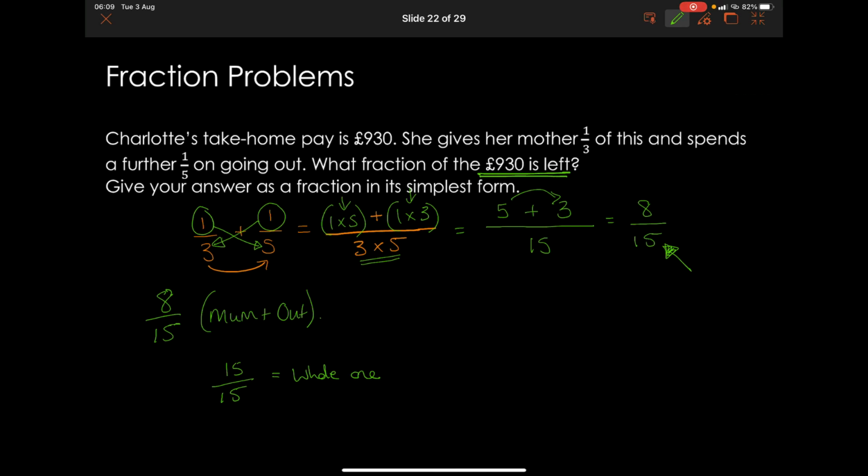So one whole one, take away the 8, gives you 7. So 7 out of 15 is what's left. And that is what's left in its simplest form. So you could say something like 7 out of 15 of £930 is left. Okay?